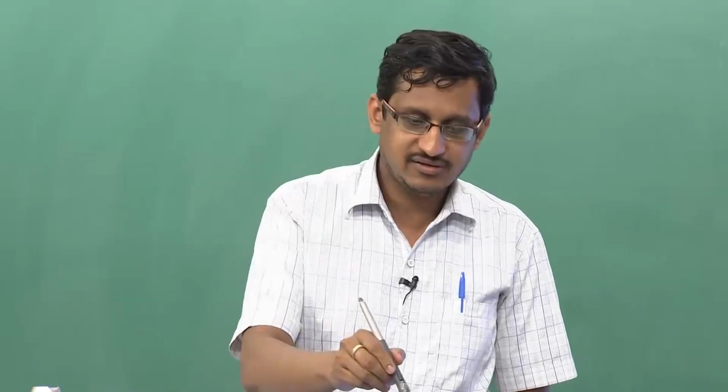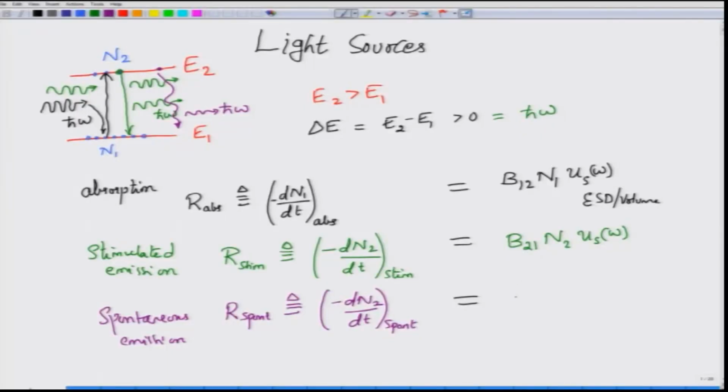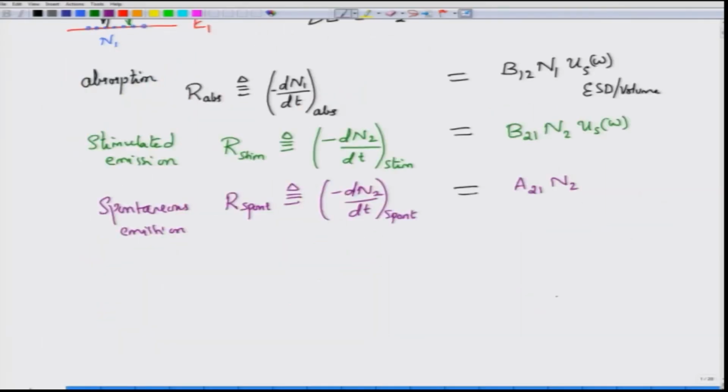So, for spontaneous emission, he said that this can be another constant which he called A21, because the transition is actually from 2 to 1. You have N2, and there is no energy spectral density of the radiation. So, these are the 3 processes that are happening continuously in a laser, or in any material which is active.